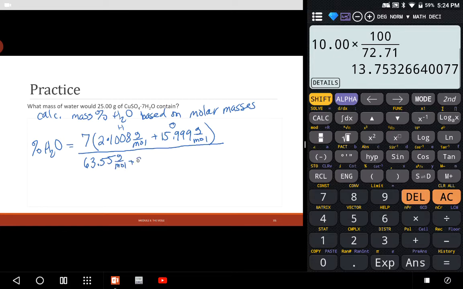One sulfur, so that's 32.06 grams per mole. And then I have 4 oxygens, 15.999 grams per mole. And then I also have my 14 hydrogens due to the water.